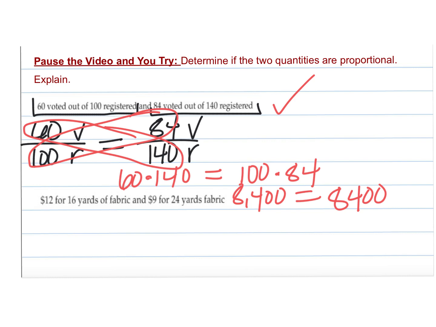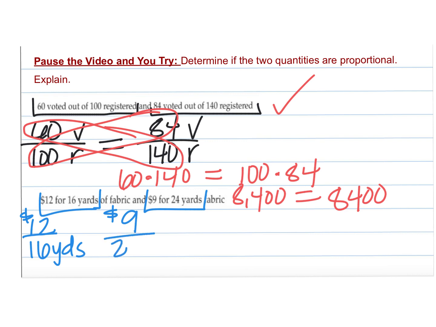And then we have $12 for 16 yards of fabric and $9 for 24 yards of fabric. So it doesn't necessarily matter the way that you set it up as long as you set it up proportionately. So I could do $12 for 16 yards, and then I just have to make sure that I would set it up as $9 over 24 yards.